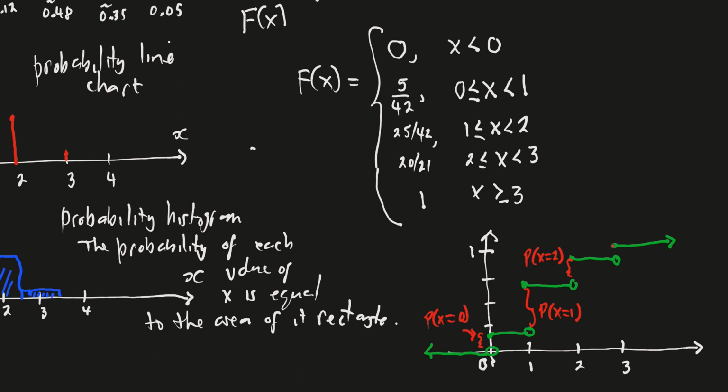And then finally, that little tiny jump there is the probability that x is equal to 3. Right? So the information is there. It's a little harder to see it on the graph of the CDF, but it's there. It's the magnitude of the jump, those finite jumps that occur every time you hit another possible value of x.